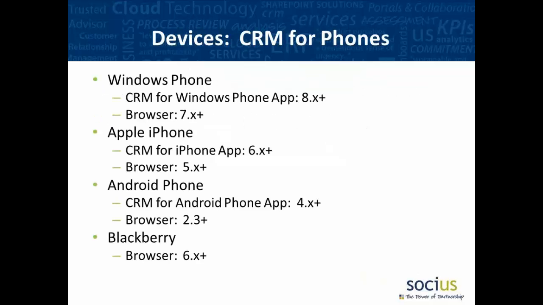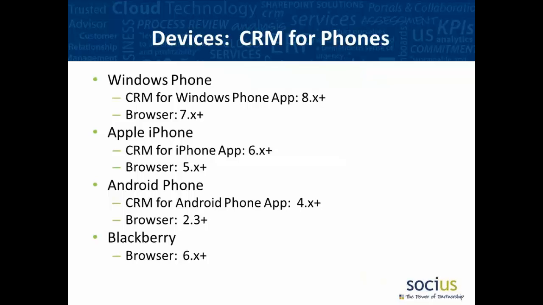The devices that are available for use with CRM for phones are listed here, starting with Windows Phone. To use the app, your operating system needs to be on release 8.0 or better. And if you're going to use a browser, you need to be on 7.